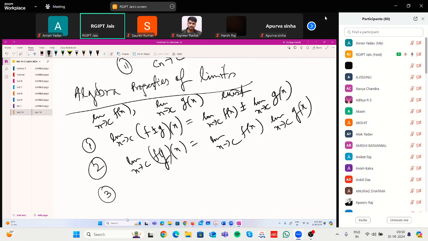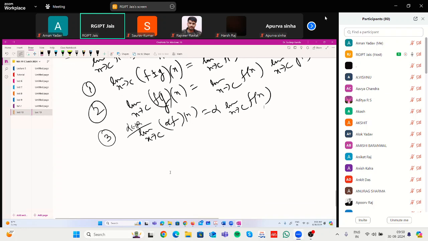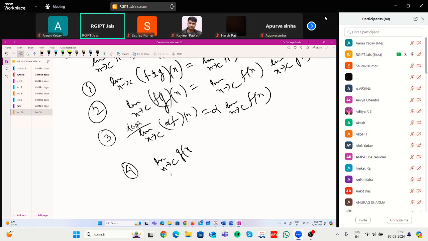So for any real number alpha, the limit x tends to C of alpha f of x equals alpha times the limit. Similarly for division, but in the case of division, the denominator should not equal 0. The limit x tends to C of g of x not equal to 0.